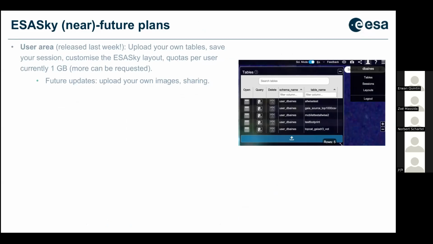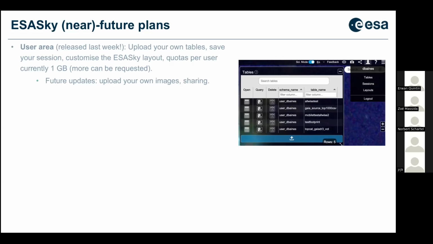Okay, so our near future plans, what we'd love to do this year. We've actually just last Thursday released another version of ESA Sky, and we now have user areas. So in the header, you have this little person icon, and you can upload your own tables, you can save sessions, you can even customize the layouts, you can get rid of some buttons and so on.